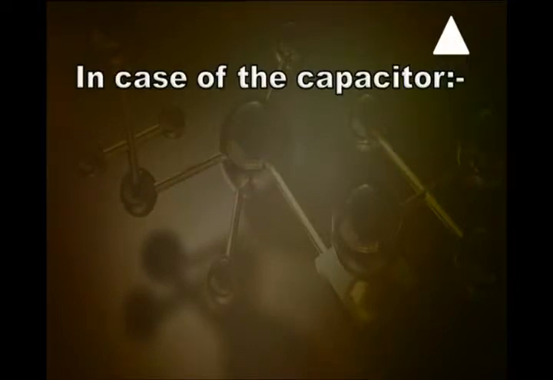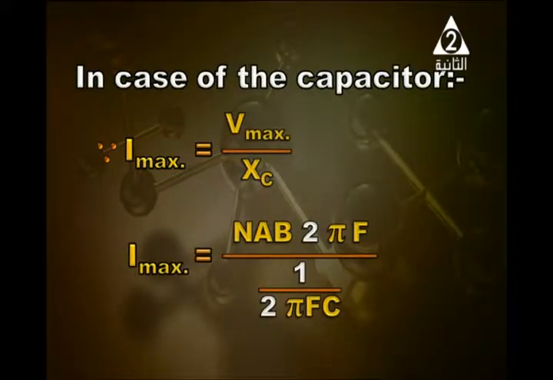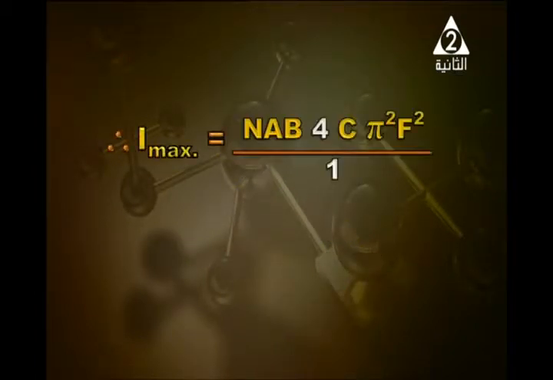And what about the capacitor? In case of the capacitor, maximum current is determined from the relation V maximum over XC. V maximum is NAB 2 pi f, and XC equals 1 over 2 pi fC. So I maximum will be equal to NAB 4C pi squared frequency squared.